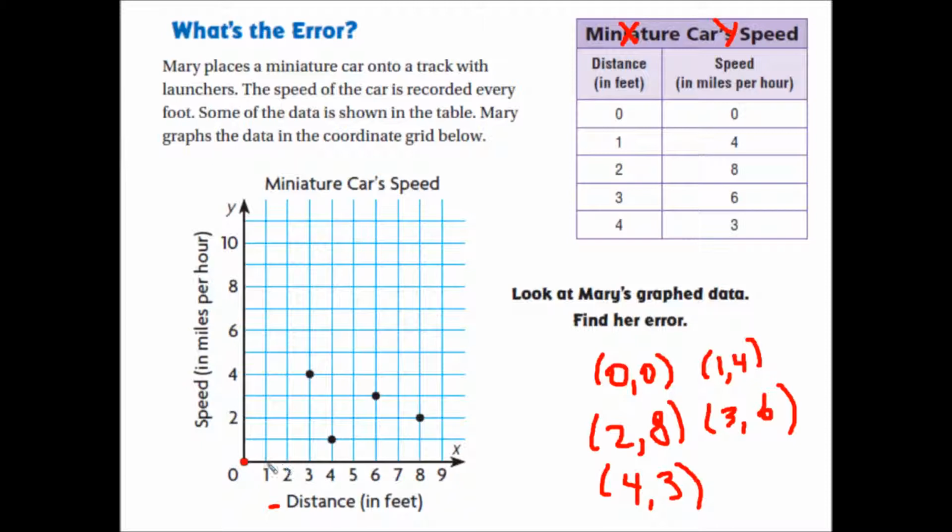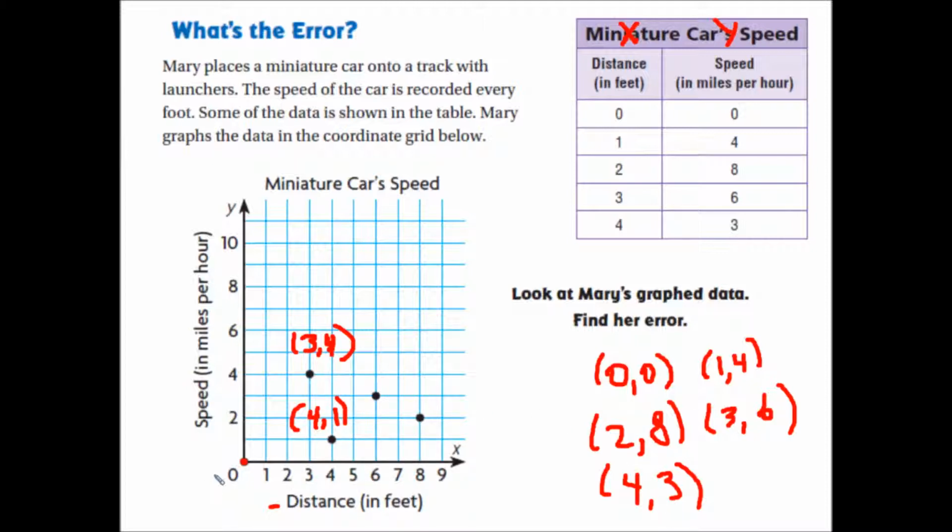Our next point that she graphed is (3, 4). Now, if we look over to our ordered pairs, there's no (3, 4) there. So this is incorrect. The next one she graphed was (4, 1). And if we look over here, there's no (4, 1) either, so that one is also wrong.